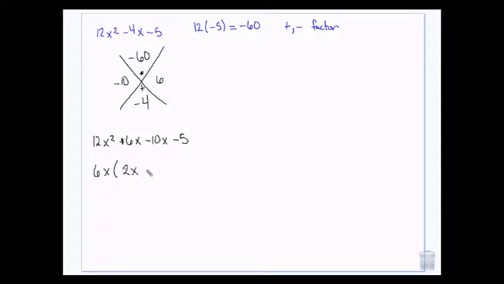So I get 2x plus 1, and I can divide both of these by -5, and I get 2x plus 1. Pull down that 2x plus 1, and then the 6x and the -5 go in the second set.